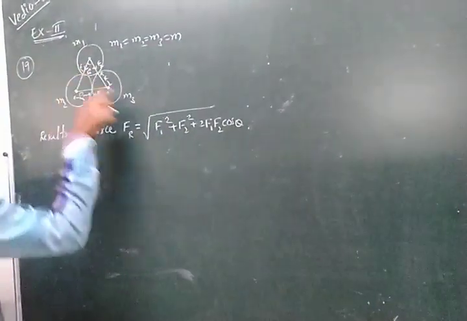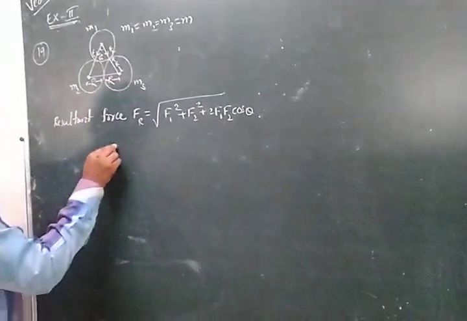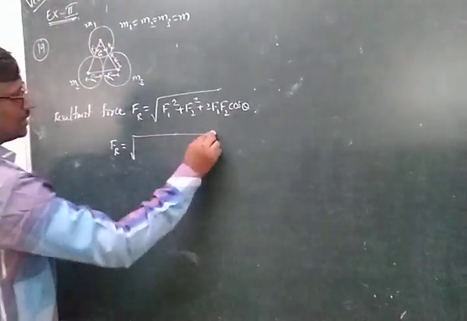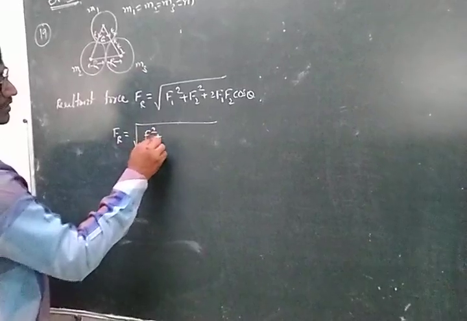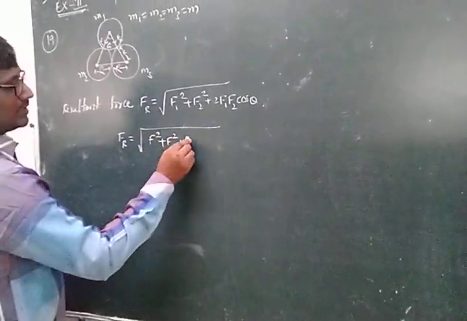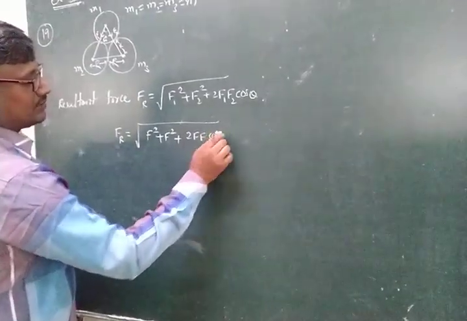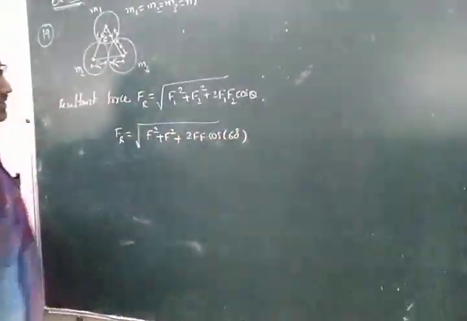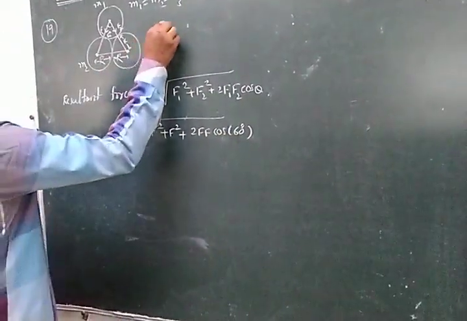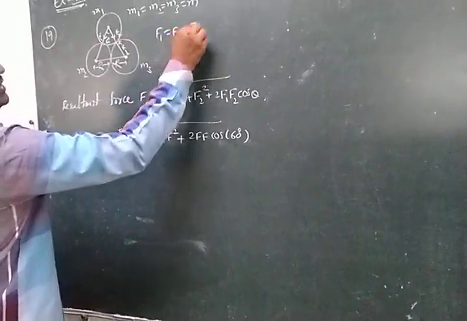Here theta is 60 degrees. Consider F1 is equal to F2 is equal to F.